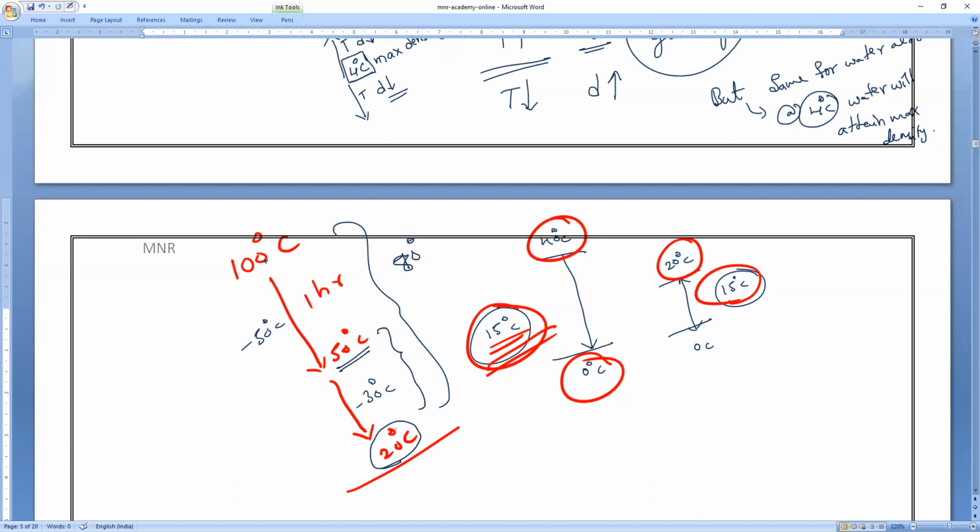So the diffusion will take more time compared to when the temperature difference is high. So from 100 to 50 if it takes 1 hour, 50 to 20 will definitely take more than 1 hour. When the difference is higher, the fall in temperature is faster. Is it okay, guys?